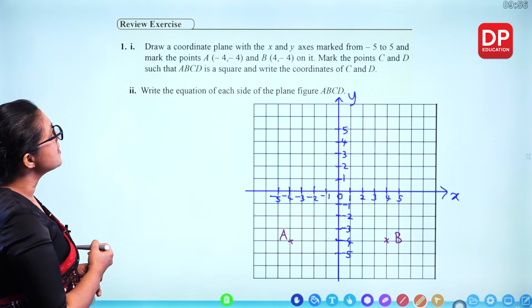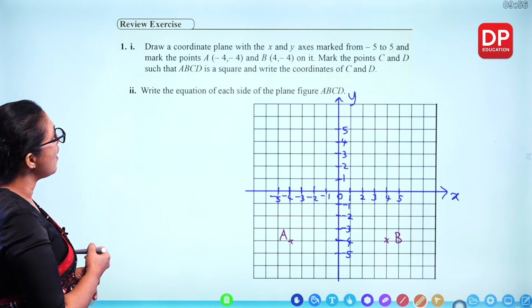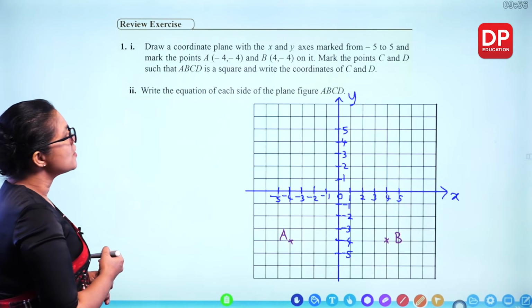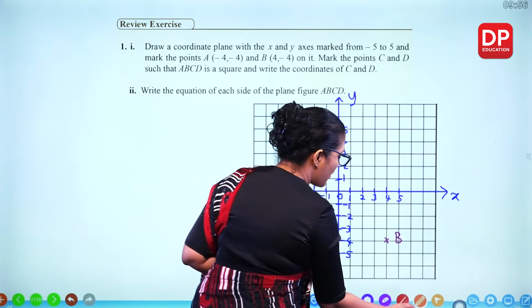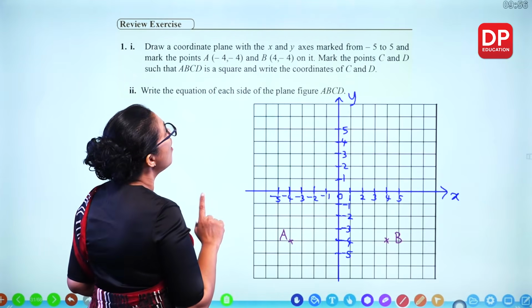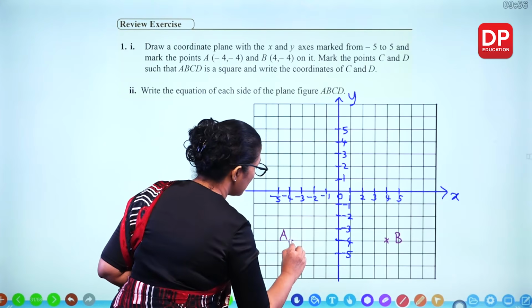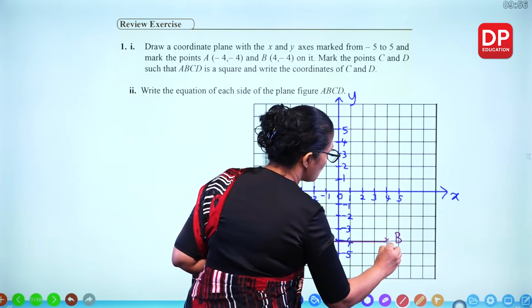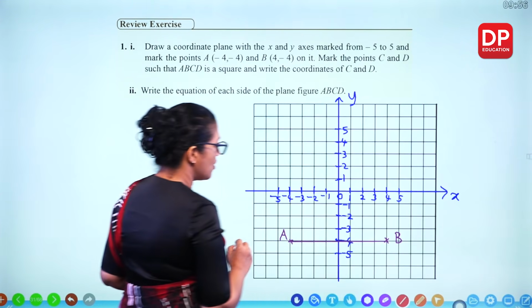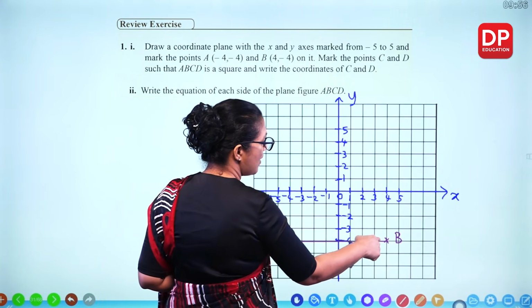Mark the points C and D such that ABCD is a square and write the coordinates of C and D. So you need to create a square ABCD. Now when we connect the AB line, this is one side. So how many squares? 1, 2, 3, 4, 5, 6, 7, 8.